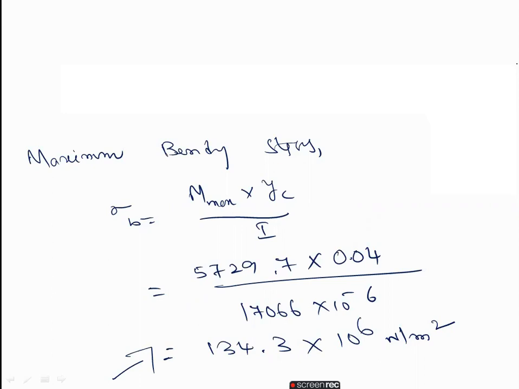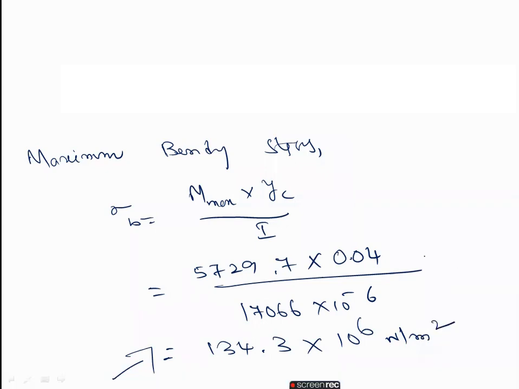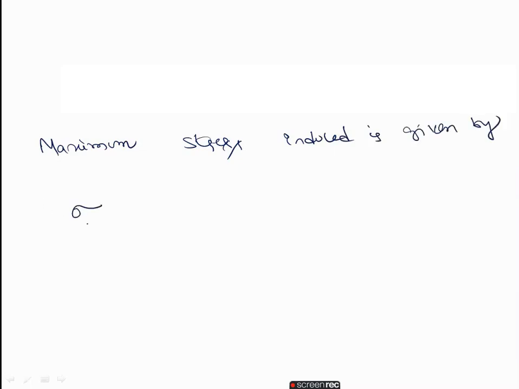The maximum stress induced is given by sigma max equal to sigma naught plus sigma b.